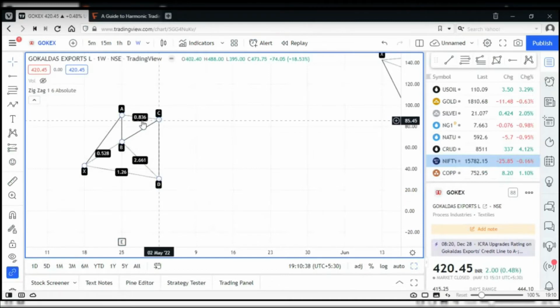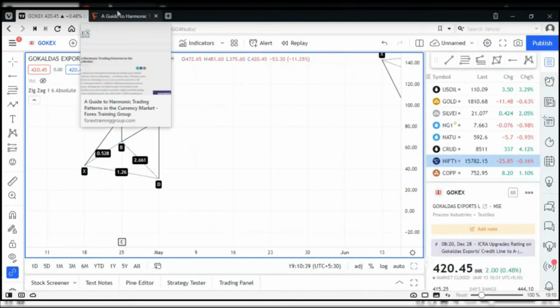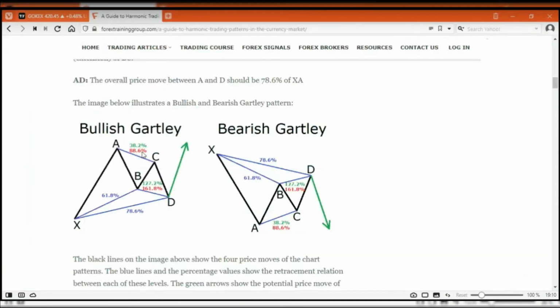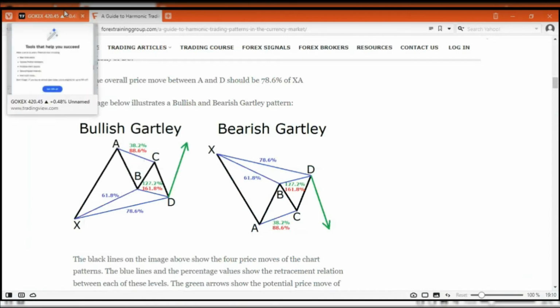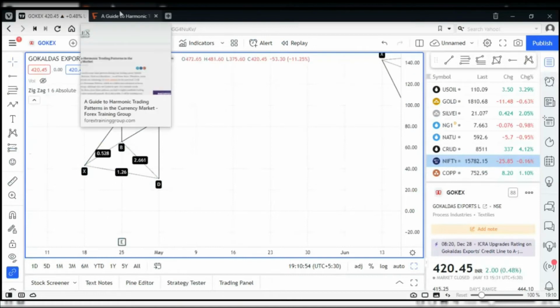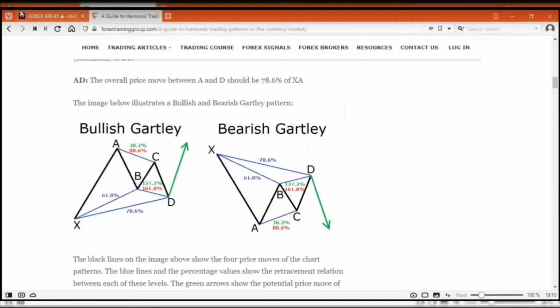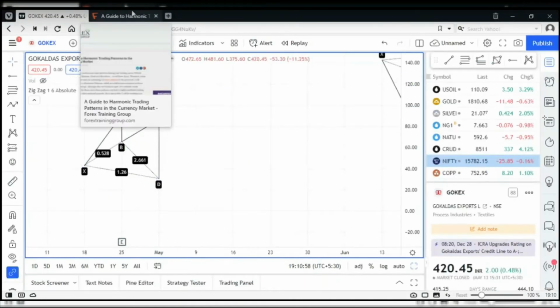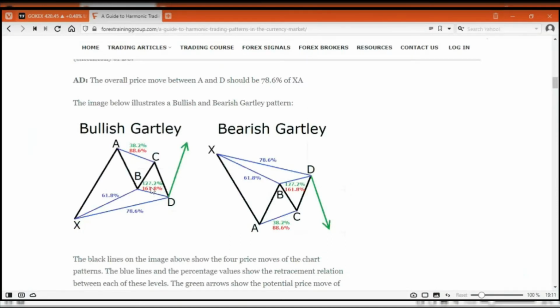The AC value is 0.386. As I told you, 0.382 to 0.886 should be the range, and exactly here it is 0.386. That means the bullish Gartley has been qualified.